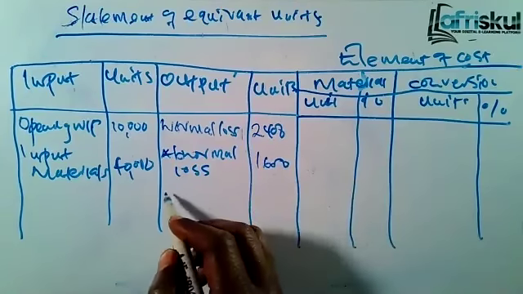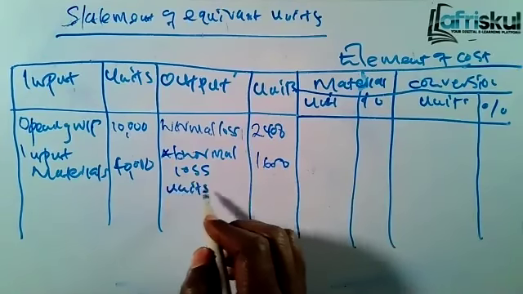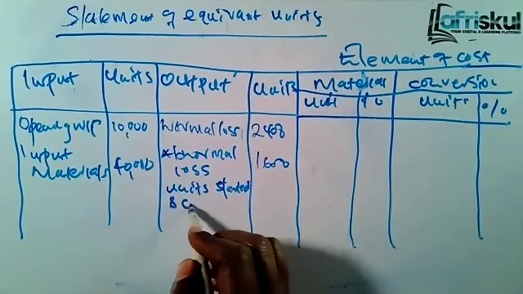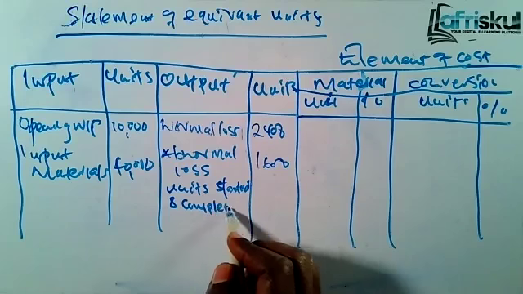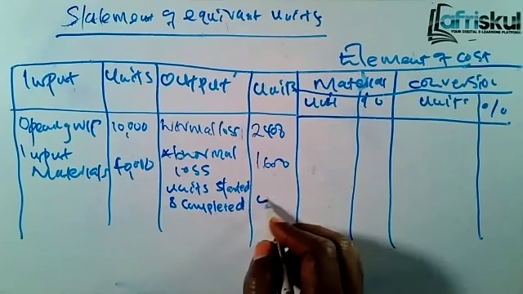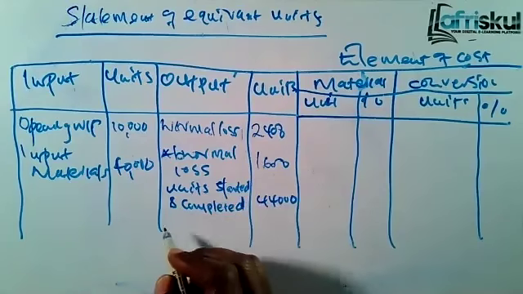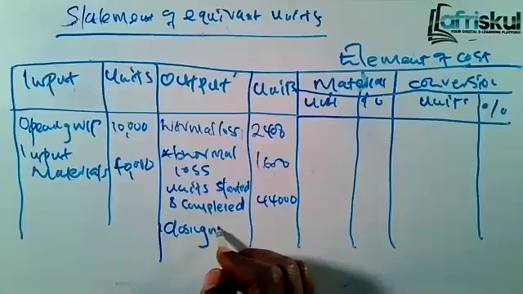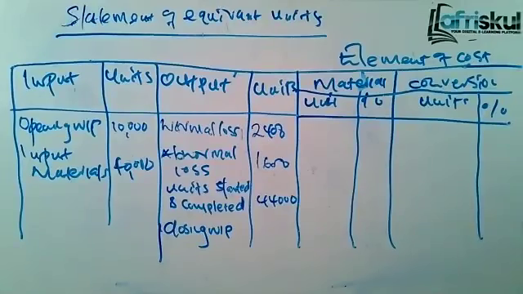Then units started and completed, 44,000 units. And then we have closing WIP.